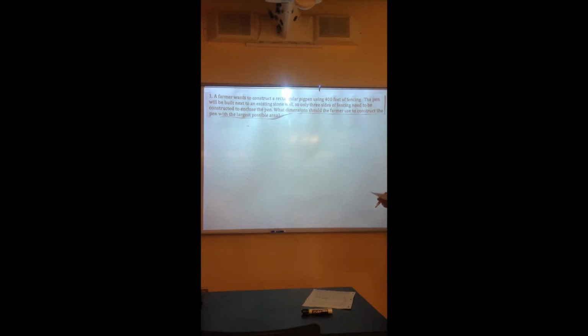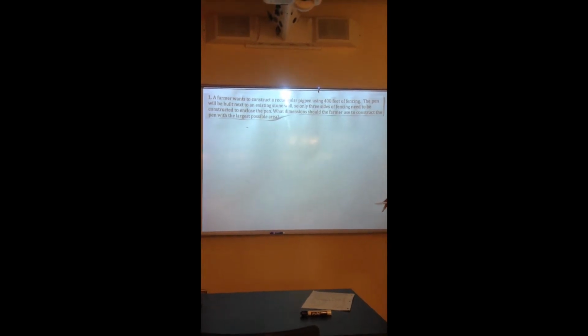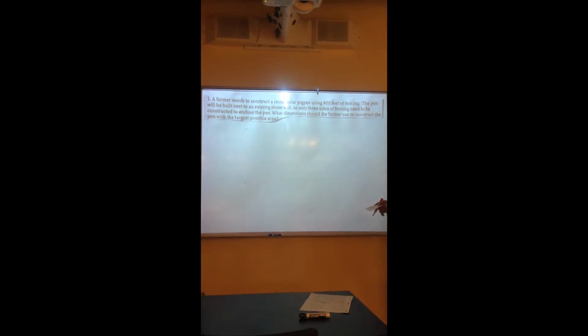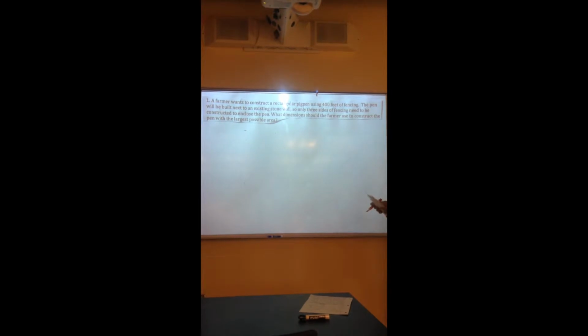Alright, so today we're going to be doing an optimization problem. The problem is a farmer wants to construct a rectangular pig pen using 400 feet of fencing. The pen will be built next to an existing stone wall, so only 3 sides of fencing need to be constructed to enclose the pen. What dimensions should the farmer use to construct the pen with the largest possible area? So, to start out, we'll draw a picture here.